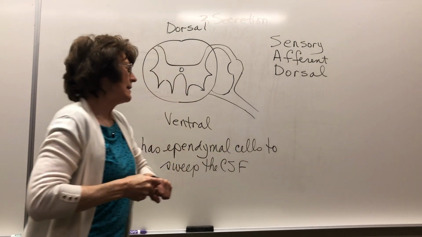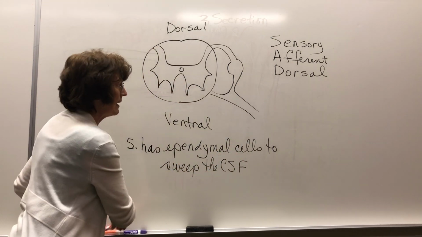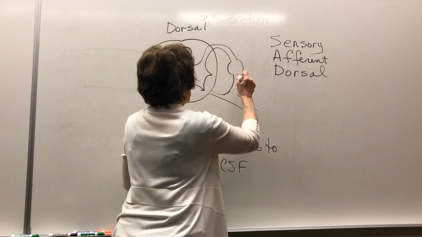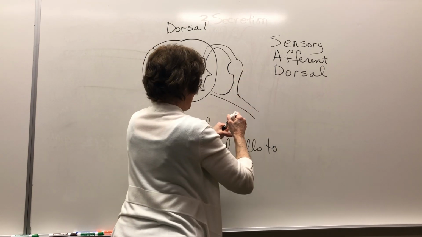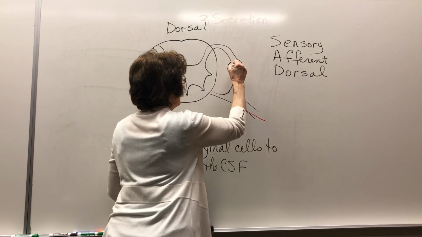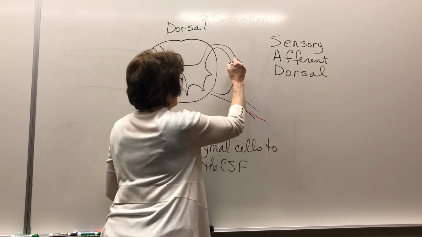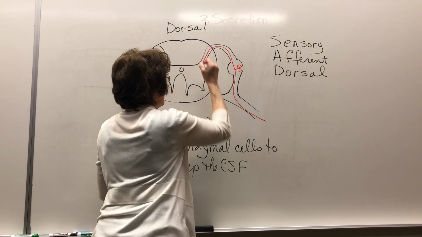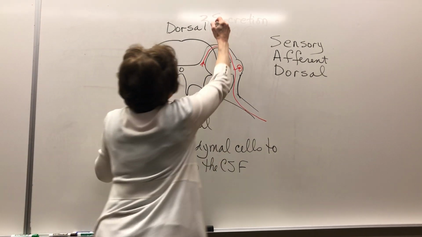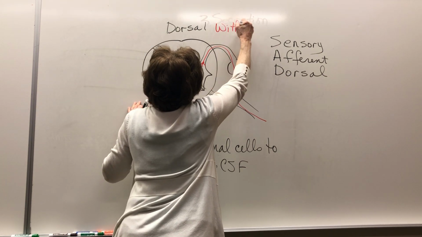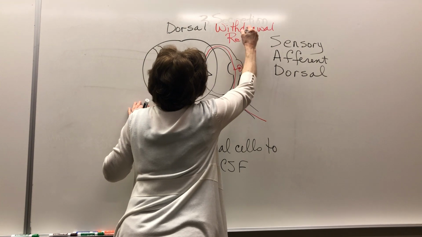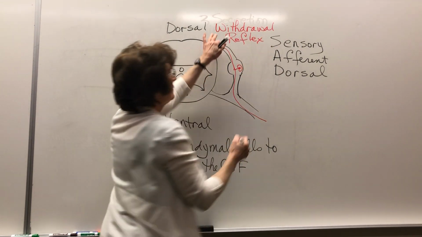Now, as we look at this, I'm going to put in a sensory neuron, and so here, we just enlarge that a bit right there. So we've got this one coming in. And on your diagram that you've got, this is going to be a withdrawal reflex.